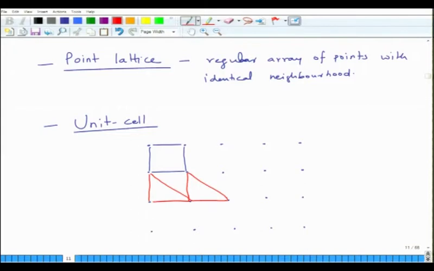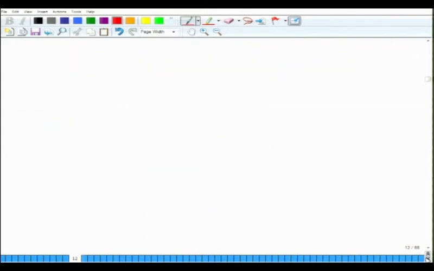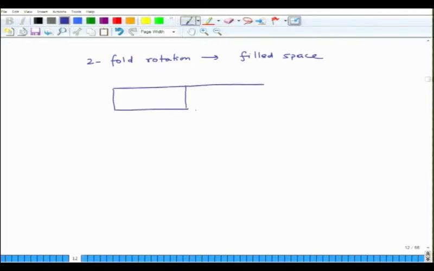So, that is why if you look at the rotation symmetry, there are certain operations which are, so you can see that two-fold rotation, you have filled space, right. So, if you have rectangles lined together, these are rectangles, rectangles have two-fold symmetries, right. This is a rectangle. So, all these rectangles will fill the space, there are no empty spaces.